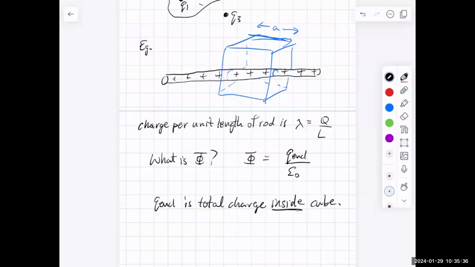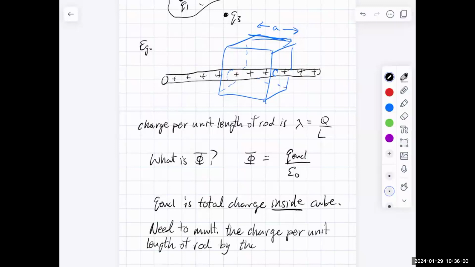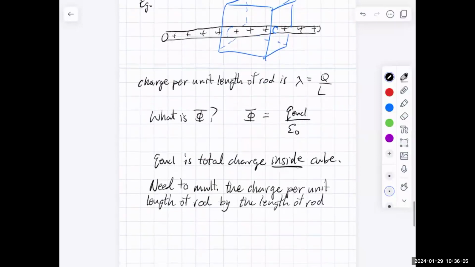Okay, so we need to multiply the charge per unit length of the rod by the length of rod that is inside the cube.